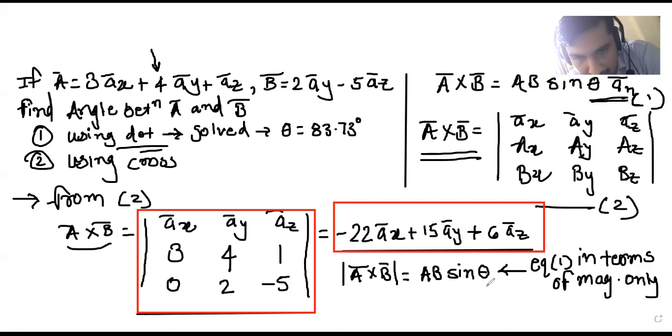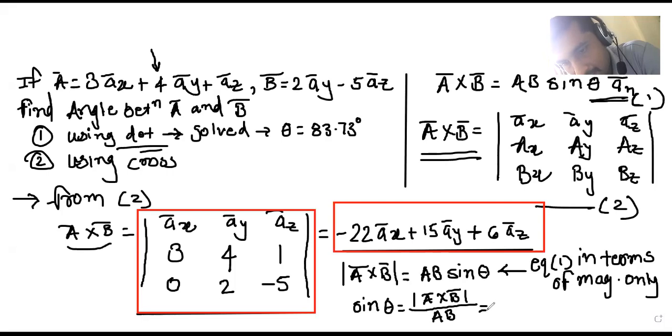Yeah. So this equation we have obtained. Simply, I can write sine theta is equal to mod of a bar cross b bar divided by AB. AB is the magnitude which I guess we calculated yesterday.